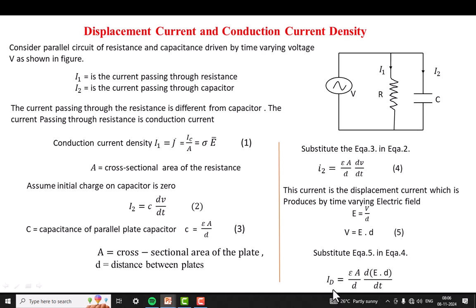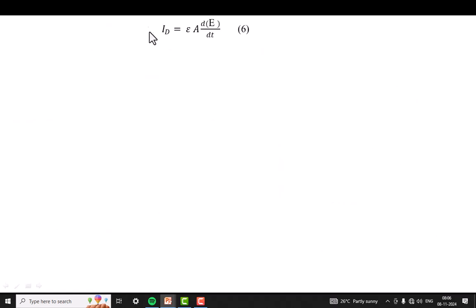We get the displacement current equals epsilon A by D into derivative of E into D by dt. D, the distance between the two plates, is constant, so you can take it outside. That gets cancelled with the D in the denominator. So finally, we have the displacement current equals epsilon A times derivative of E bar by dt.